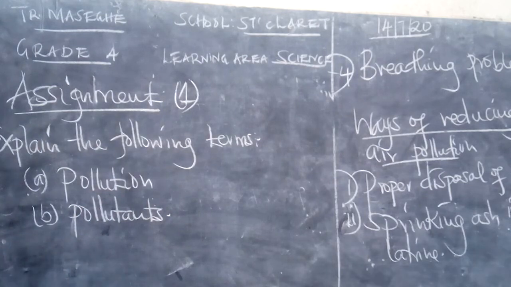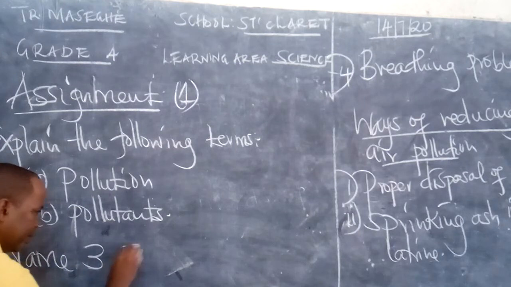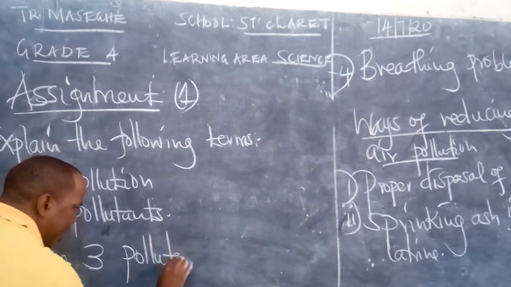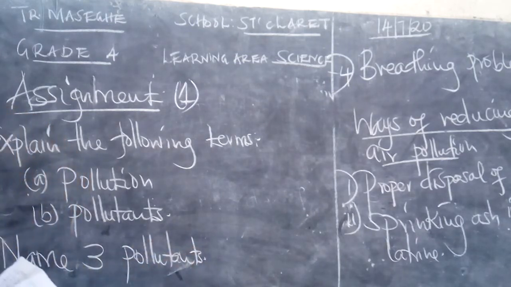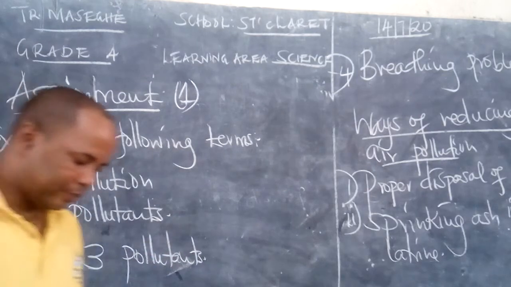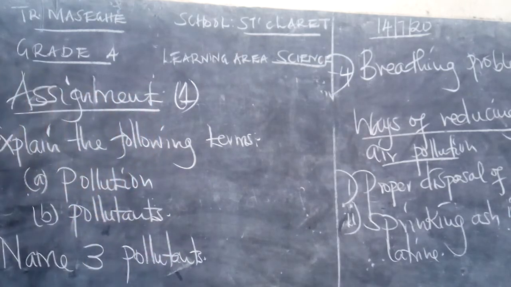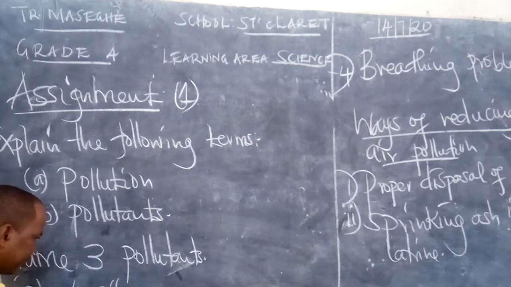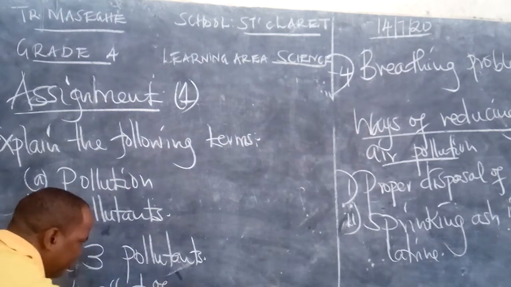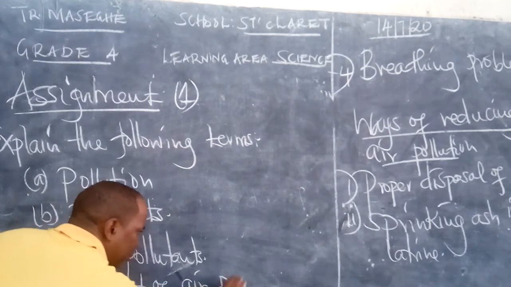Then question 2. Name 3 pollutants. Then lastly, question 3. List 4 effects of air pollution.